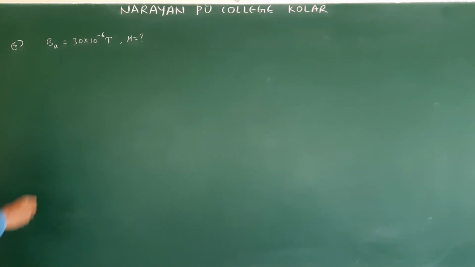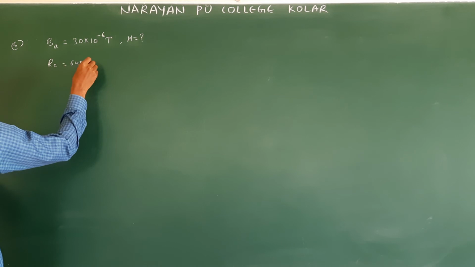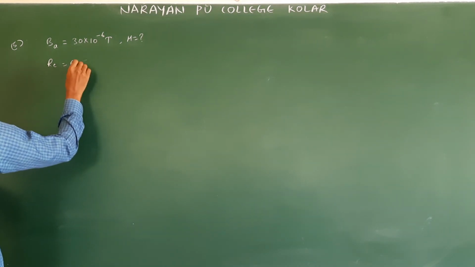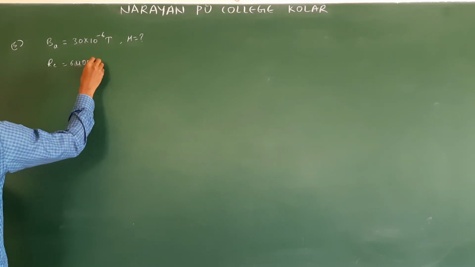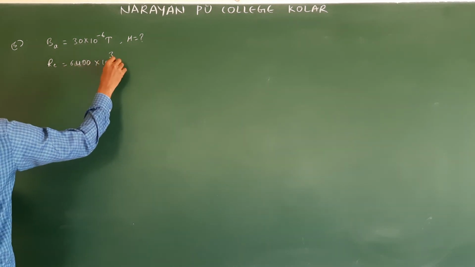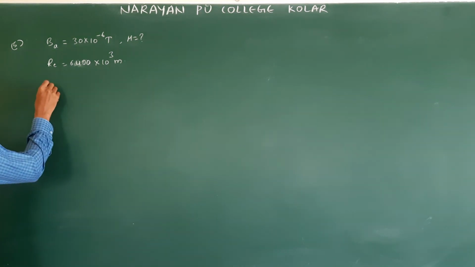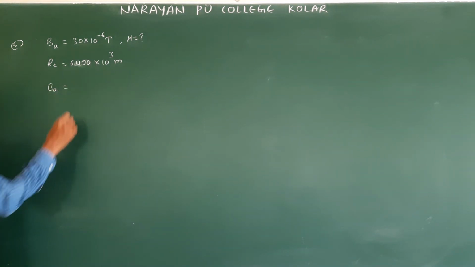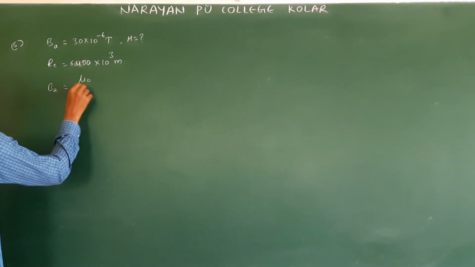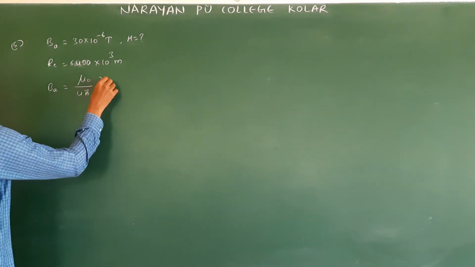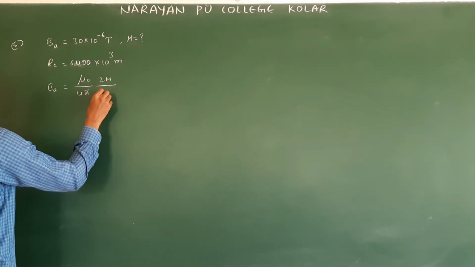Next, they have given the radius of the Earth, RE, 6,400 kilometers. Convert into meters, 6400 into 10 power 3 meters. The axial line formula, the magnetic field on an axial line of a bar magnet, is mu naught by 4 pi into 2m by r cube.